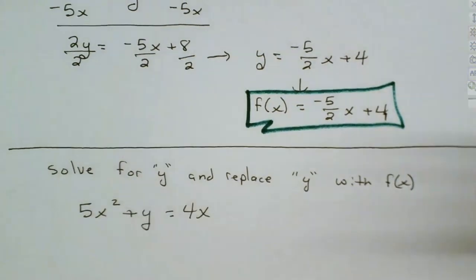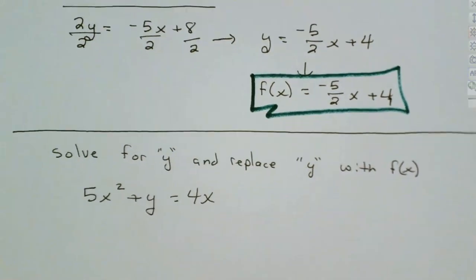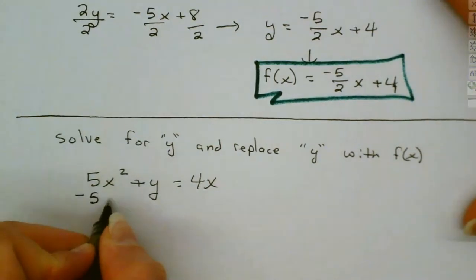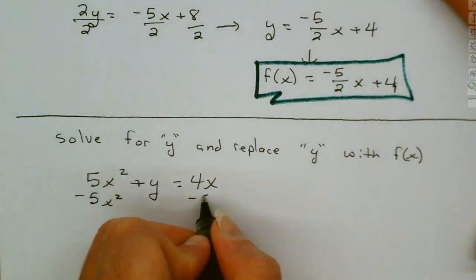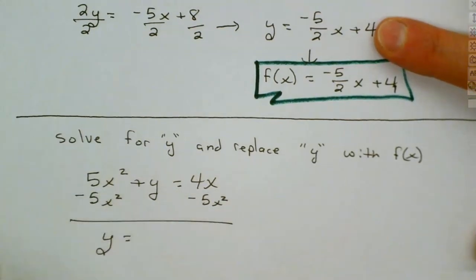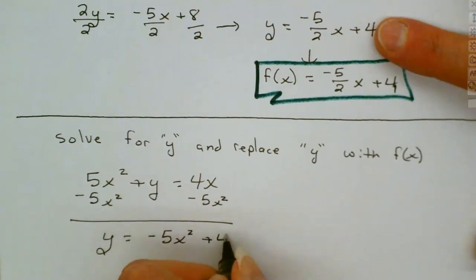And this one's very, very simple as well. Not much to do. All we need to do is solve this for y, and then replace that y with f of x. So let's move that 5x squared over. And now we've got y equals a minus 5x squared plus 4x.